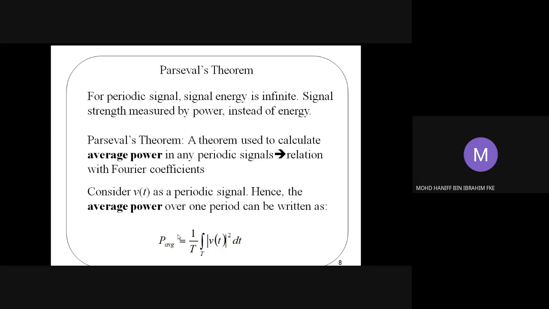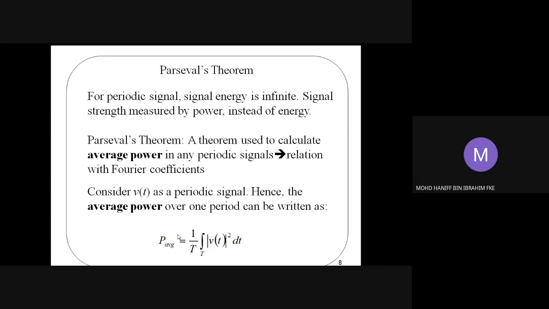So for a periodic signal, we measure the signal strength by the power parameter, not energy. This is where Mr. Parseval, a scientist and mathematician, came out with the theorem called Parseval's theorem.